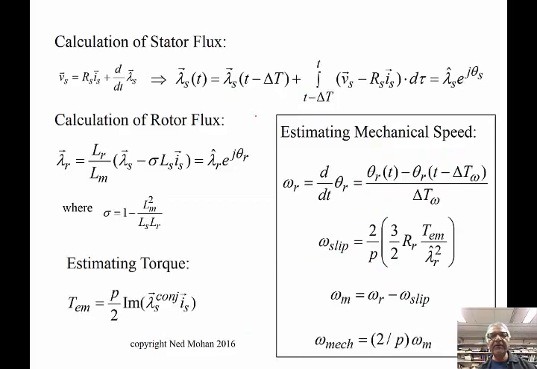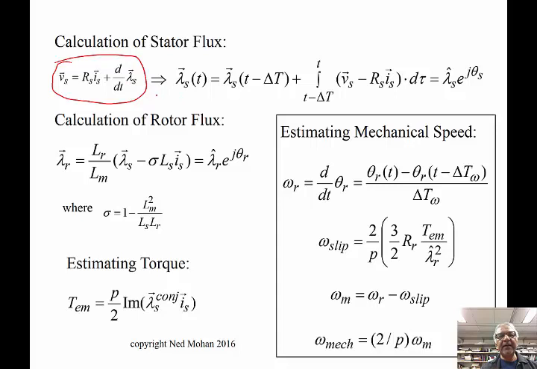So let's go through the basic equations that this is based on. Again, these are derived in great detail in the book, and we shouldn't really be going through them. This is the equation for the stator in terms of the stator's voltage space vector, the current, and the flux linkage.